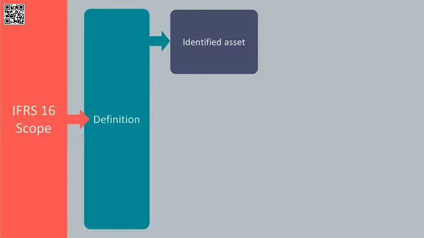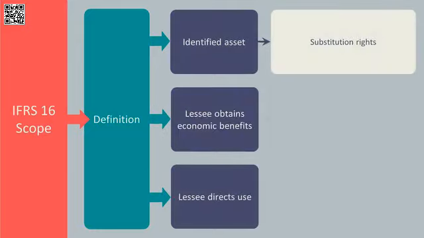In other words, there's not an identified asset as part of the arrangement, and therefore that rental would not be within scope. Now, you have to be careful, because even where there is an identified asset, the arrangement may still not be in scope if the lessor has substitution rights. In other words, the lessor is able to swap the asset it's given you for another one. If that's the case, then the arrangement would not be within scope.